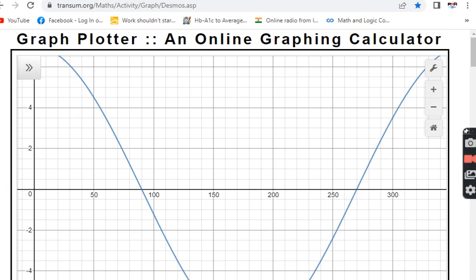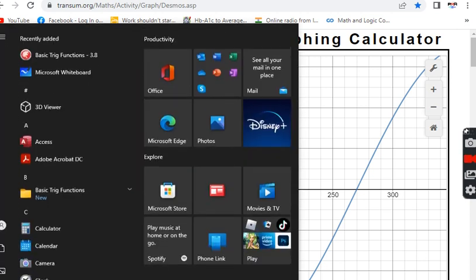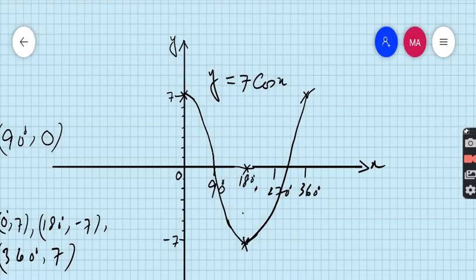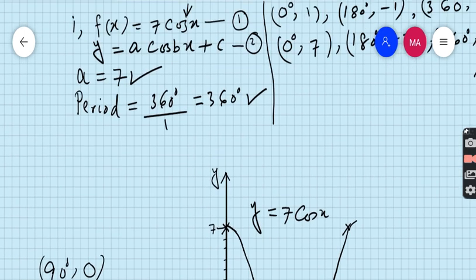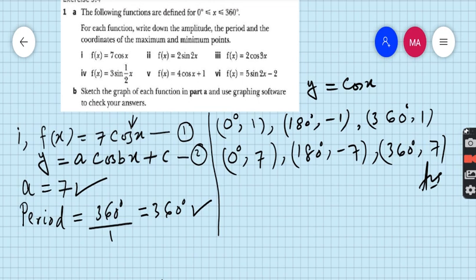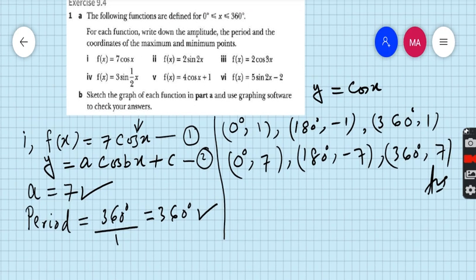Kindly wait, there is some problem. Look at this. This is my graph, so it looks the same. So you can also plot online in order to confirm your answer. So I hope you completely understand part 1 of question number 1. Let's start part 2.